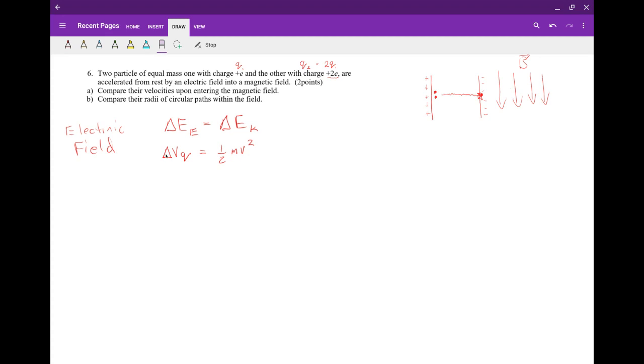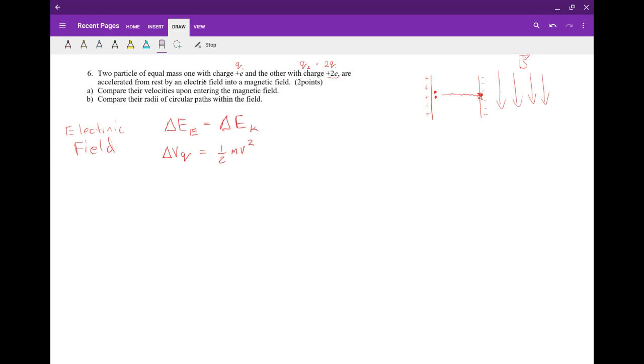I'm just going to say that, look, these 2 particles are going through the same potential difference, without necessarily introducing the idea of the electric field, because in the end, the potential difference is dependent on the plate separation and the field strength here. So I'm just going to leave it as a delta V.